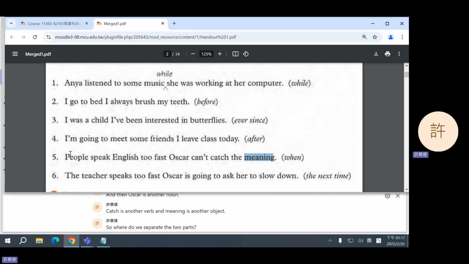Okay, good. So it's when people speak English too fast. That's the first part, right? So between the first part and the second part, do we have to add a comma? Which part is the complete sentence? So you said we start the sentence with when, right?